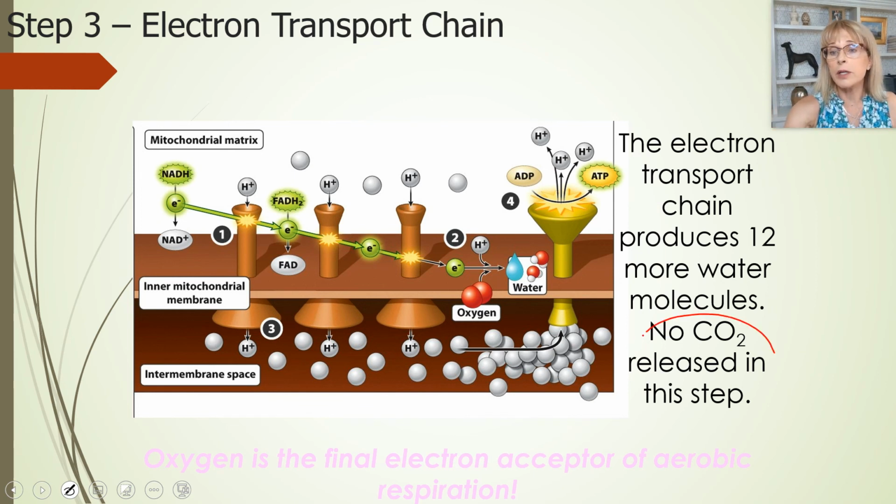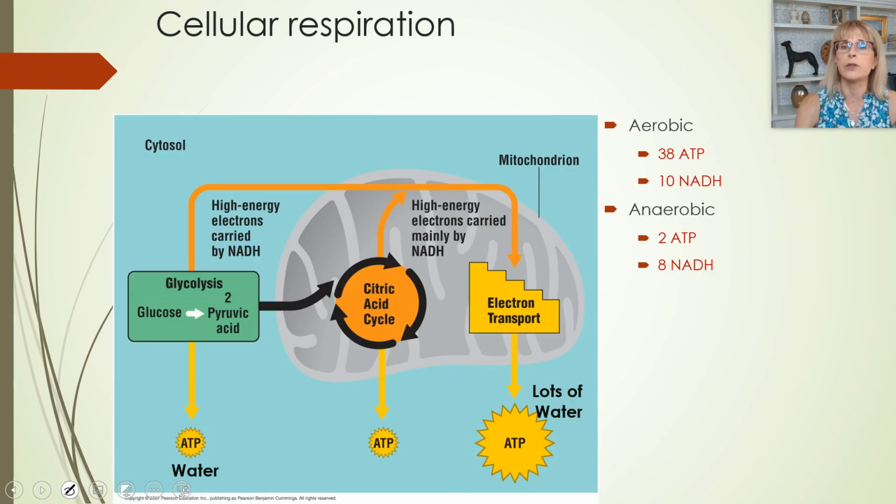We are not going to make CO2 at this step. The CO2 got made in the citric acid cycle, the two stages of the citric acid cycle. But here we're going to make almost all of the ATP, and we're going to make lots of water molecules.